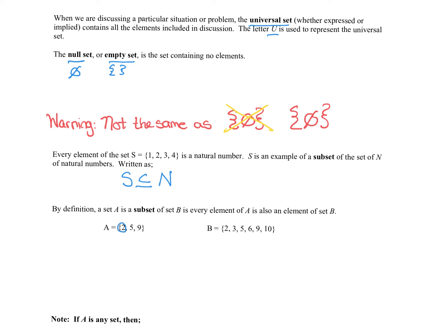So here's A. 2 is in A and B. 5 is in A and B. 9 is in A and B. So if I were to write this, A is a subset of B. However, if you look at B, you can see right here, I have some elements that were not in A. So B is not a subset of A because B has some things that A does not have.